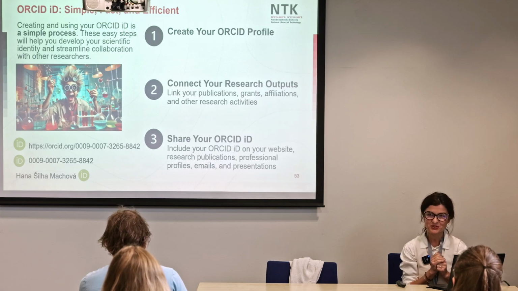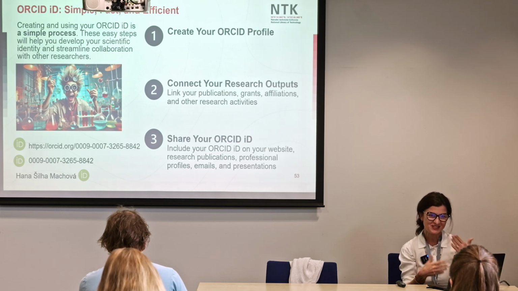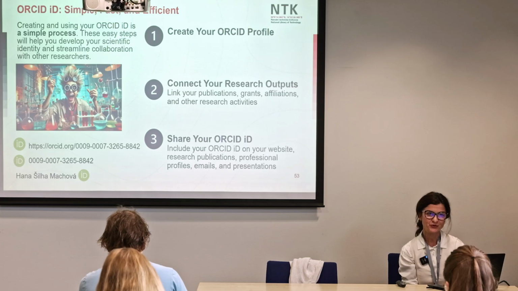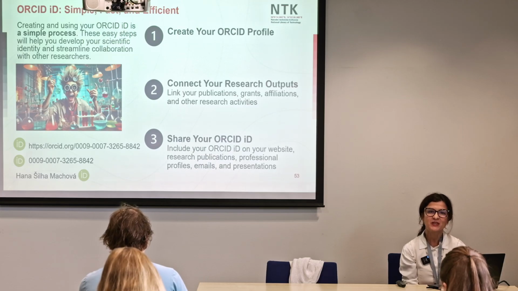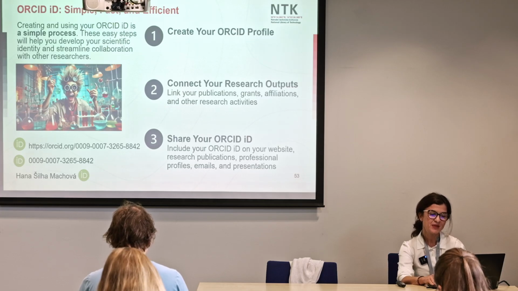For the beginning, you just need two things. One is your name, and the second thing is your email, and you can have your profile in a few minutes. And once you have your profile, there is something not to forget. The third thing is not to forget to share it.